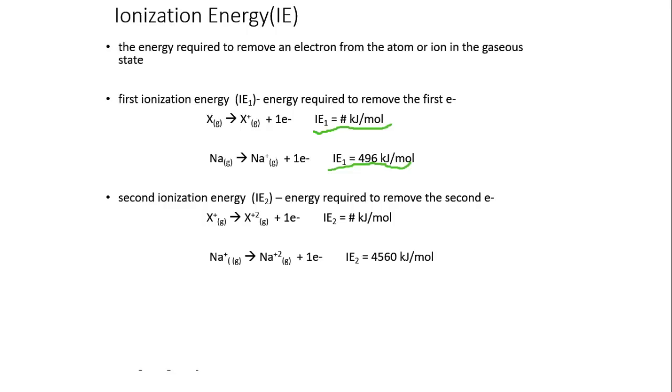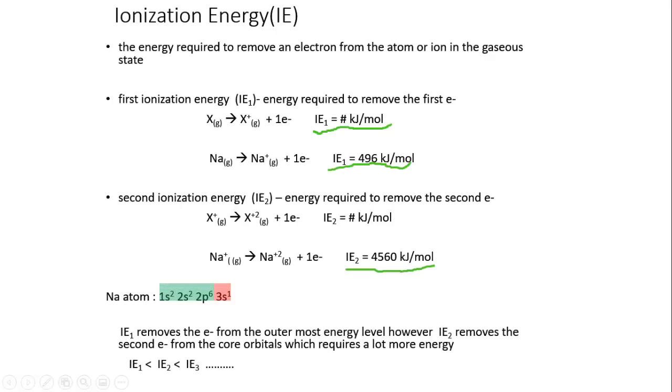And notice that when we go from the first to the second ionization energy of sodium, we have almost a tenfold increase in the energy. So what's happened when going from the outermost electron to the second electron? That's correct. We've dipped into the inner electrons.